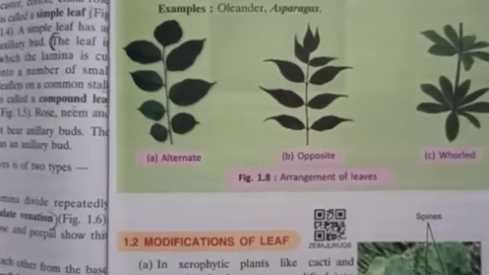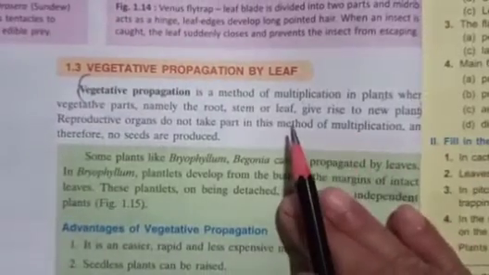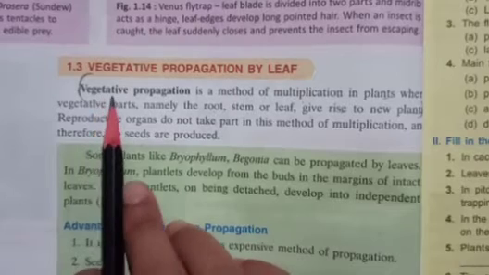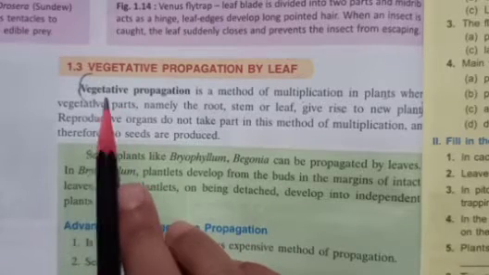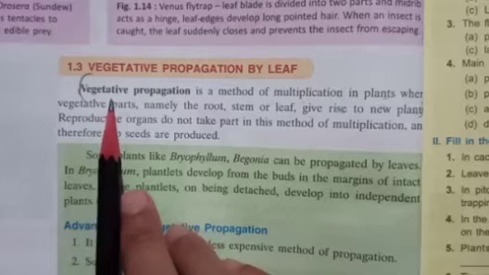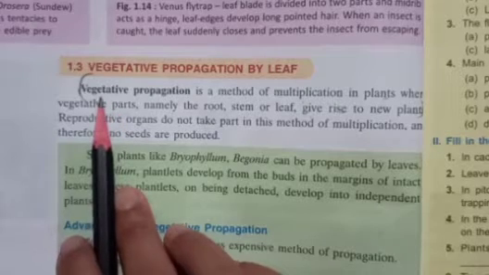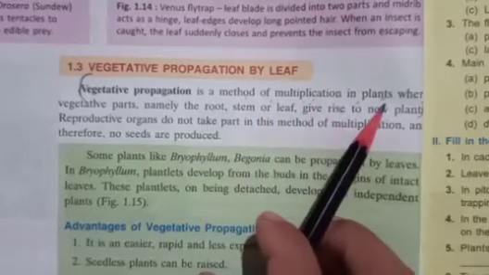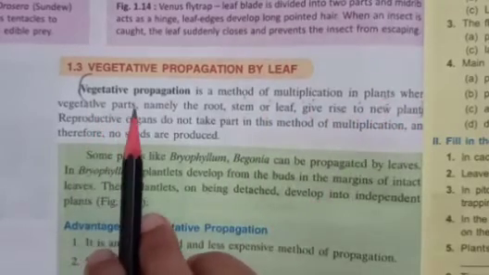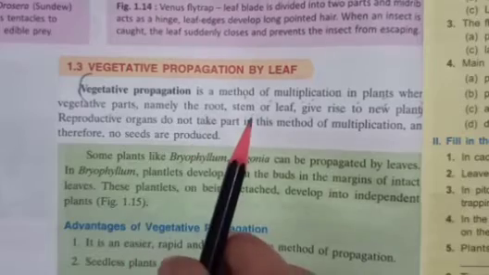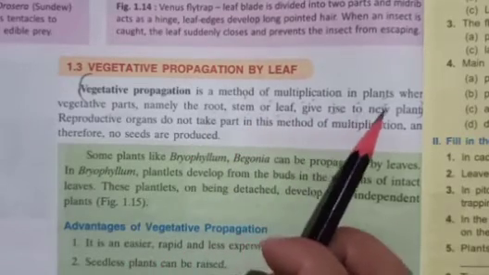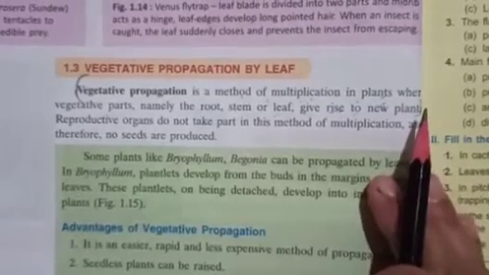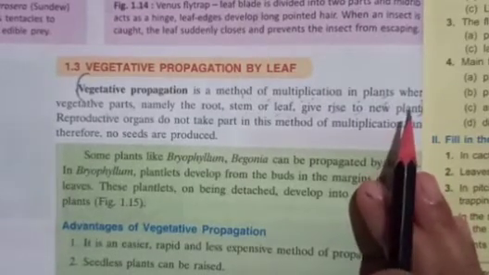And then comes, now students, open page number 6 of your book and see here. If the question comes, what is vegetative propagation or define vegetative propagation, then the answer is here on page number 6. Vegetative propagation is a method of multiplication in plants where vegetative parts, namely the root, stem or leaf, give rise to new plants. As you know, mostly plants grow from the seeds.